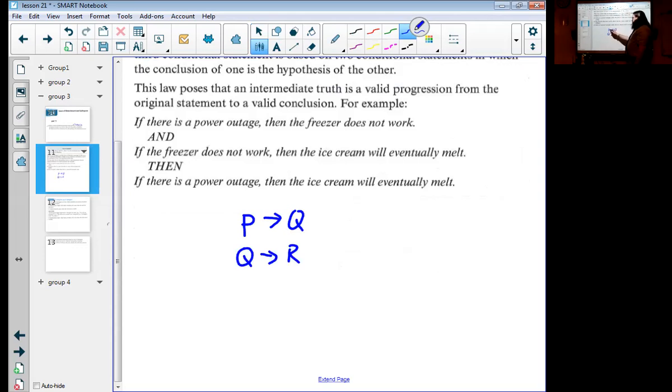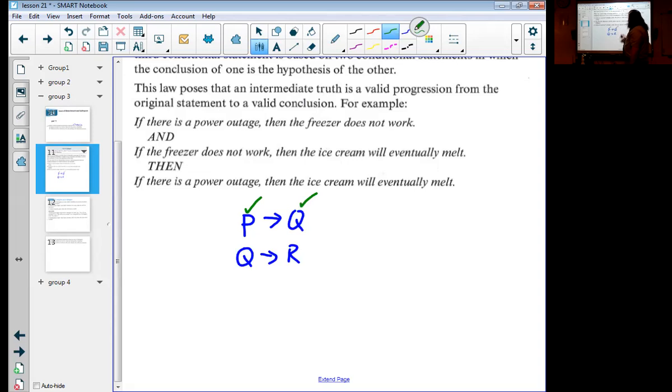And we know because of the law of detachment that if a hypothesis is true, then the conclusion has to be true as well. So P being true tells us that Q is true.